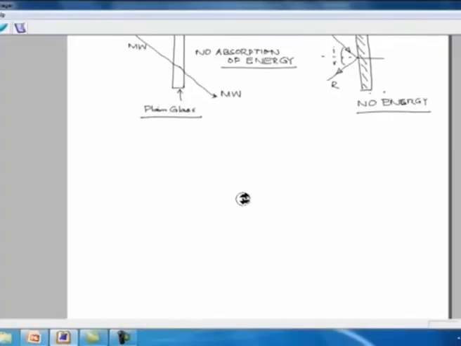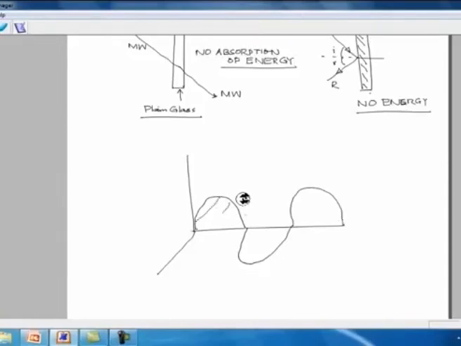As I have already indicated, microwaves, since they are electromagnetic radiation, have two components in two orthogonal planes.